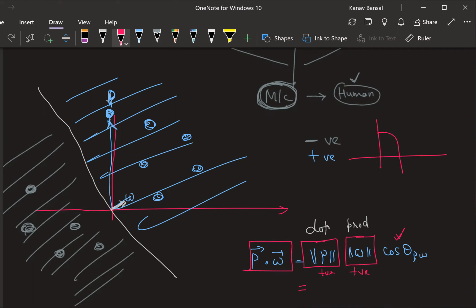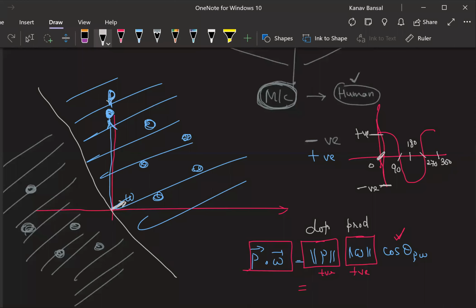In order to understand that, I showed you this cos theta graph, right? This part is positive one, this part is negative one, and this part is 0. This part is 90°, this part is 180, this part is 270, and this part is 360.